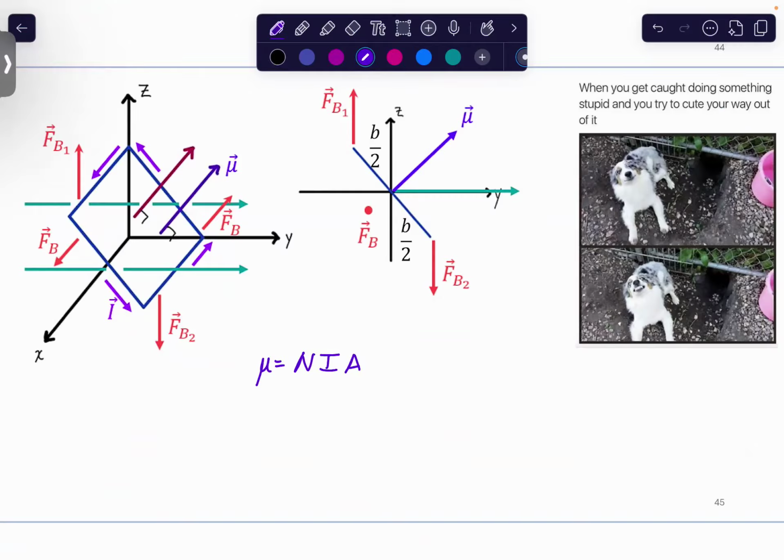This is the magnetic moment of the current loop. So in vector format, it's that.